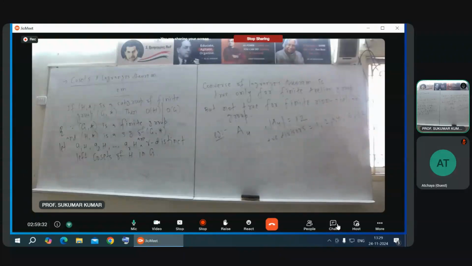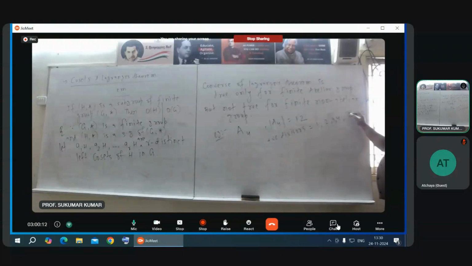A subgroup of order 1 will exist, the identity. A subgroup of order 2 will exist, since elements of order 2 exist; there are 3 of them. A subgroup of order 3 will exist; in total maybe 8 elements of order 3 will come, by the formula you did yesterday. A subgroup of order 4 will be K4, consisting of elements of order 2. There is no element of order 4 in K4, because a 4-cycle is an odd permutation. So no element of order 4, but a subgroup of order 4 is there. That is K4: the identity and the 3 elements of order 2. A subgroup of order 6 is not possible here. A subgroup of order 12 is itself there.